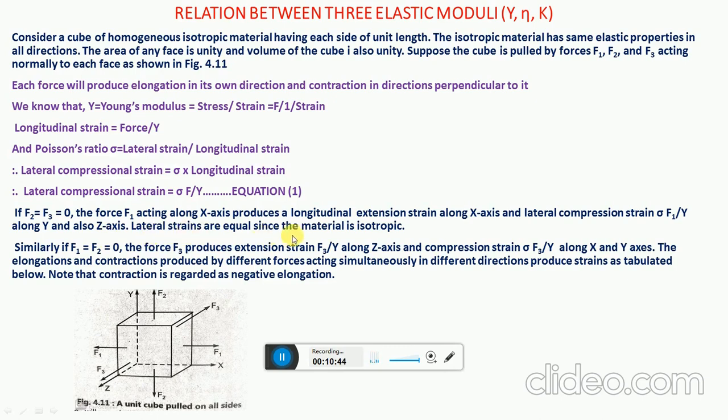Lateral strains are equal since the material is isotropic. Similarly, when F1 is equal to F2 is equal to 0 and only the F3 force is applied, it produces extension strain F3 upon Y along the z direction and compression strain sigma F3 upon Y along the x and y axes.